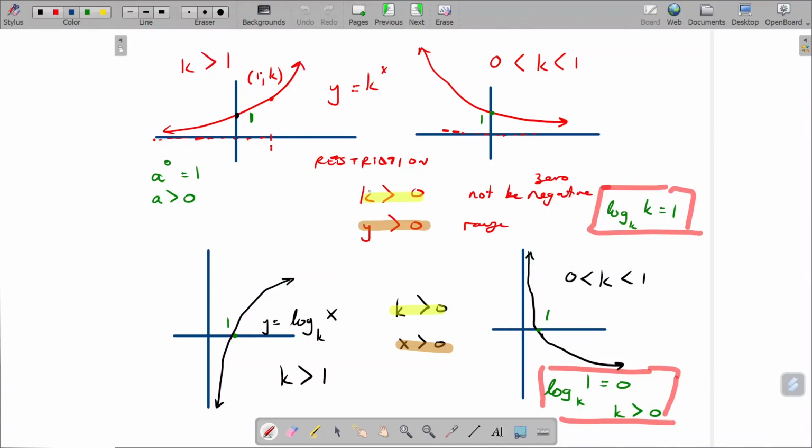All the things we've learned elsewhere are consistent. The x and the y have simply swapped around, and the graph is a reflection in the line y equals x. Any restrictions that we might find on an exponential function can be seen in a similar manner to be restrictions in a logarithmic function, and whatever's happening in a logarithmic function can be seen inversely in an exponential function.